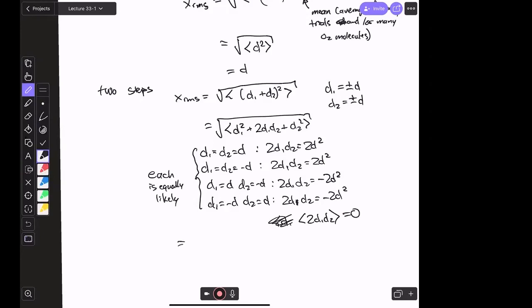So that means that X_RMS is just the square root of the average of D1 squared plus D2 squared.